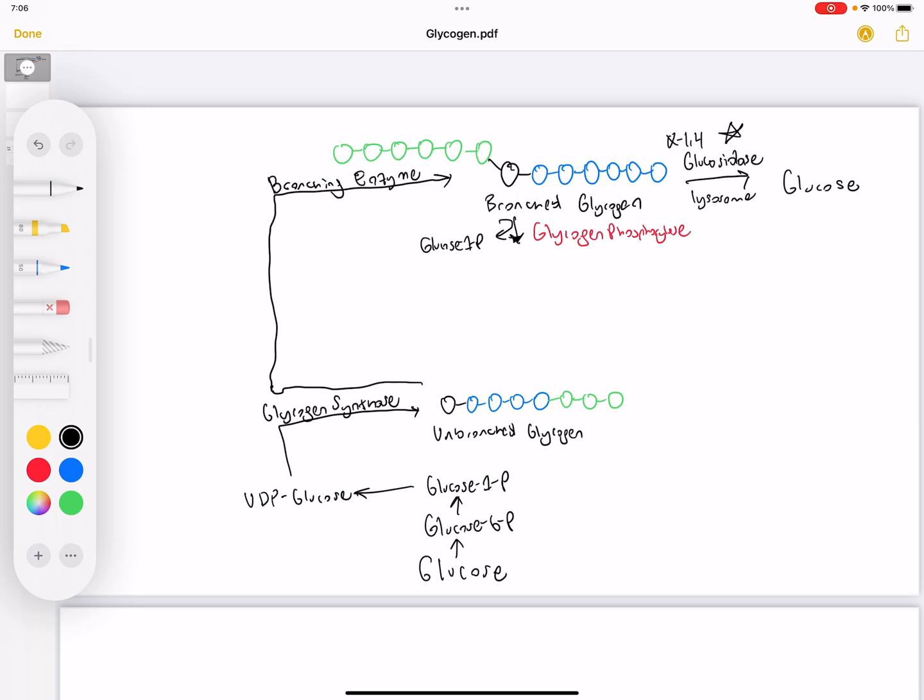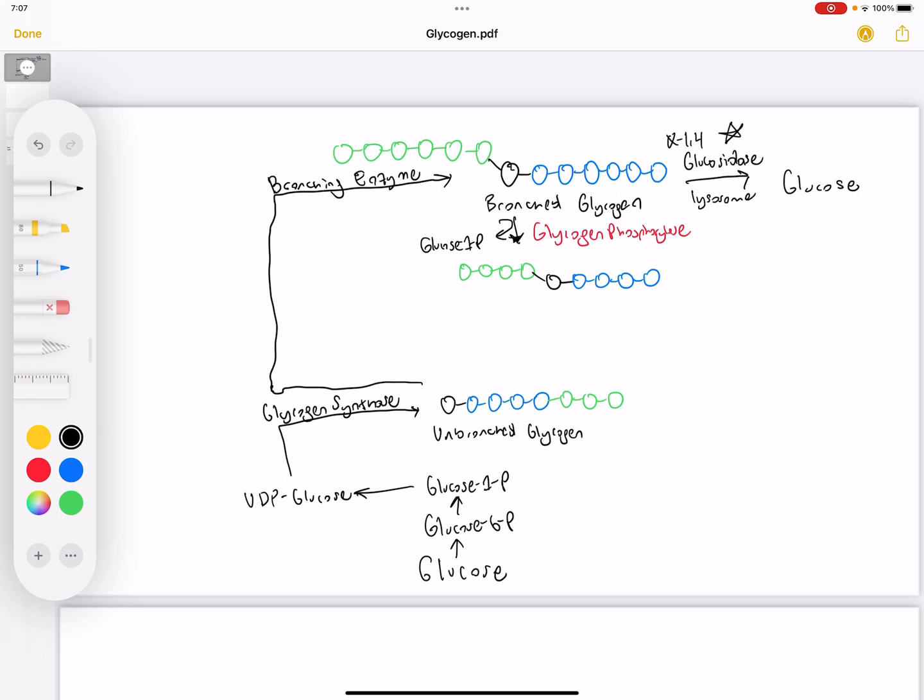Glycogen phosphorylase can be used to remove alpha 1,4 bonds until there are going to be 4 glucose molecules left on each side. So here we have 4 glucose molecules on each side, and glycogen phosphorylase can act on glycogen until there are only 4 glucose molecules left on each side.